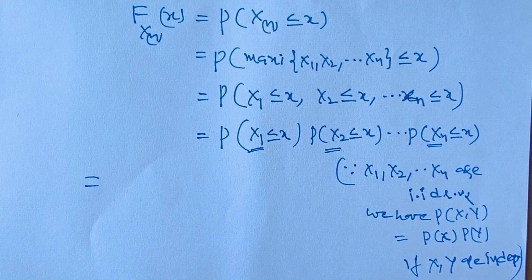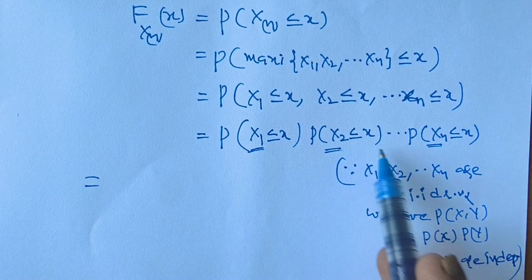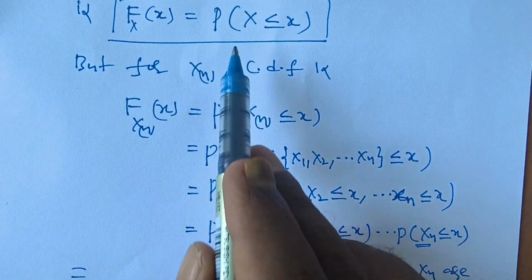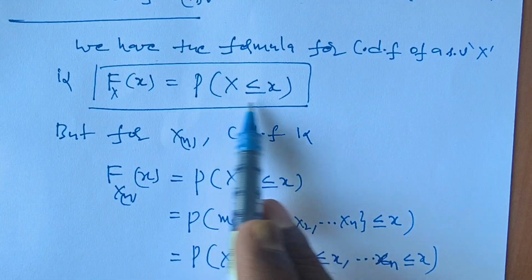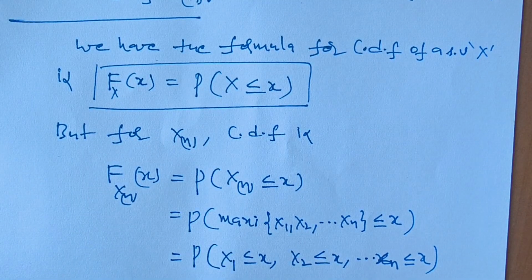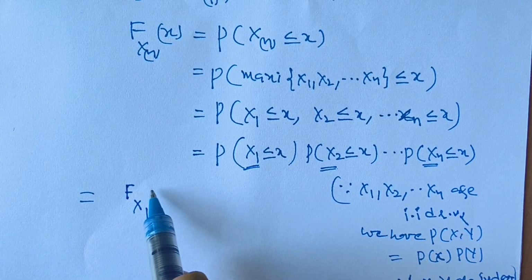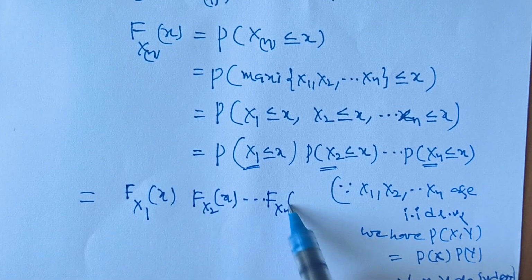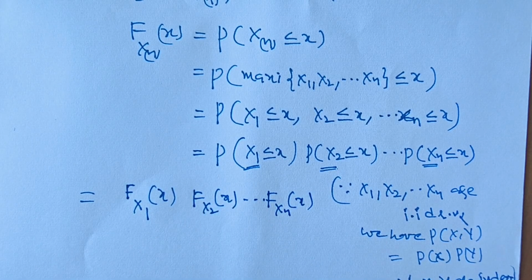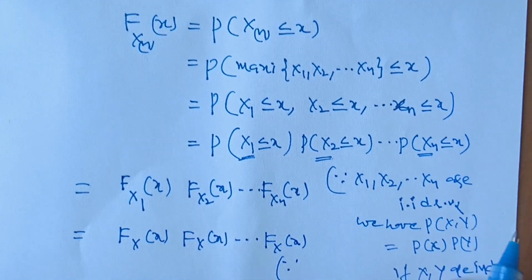So remember here the first value p of x1 less than or equal to small x, p of x2 less than or equal to small x and so on, p of xn less than or equal to small x can be written. Check this formula here, p of X less than or equal to small x is F suffix X of small x. Here, in place of capital X after the p notation we have x1. That's why these are denoted like this: capital F suffix x1 of x and so on.